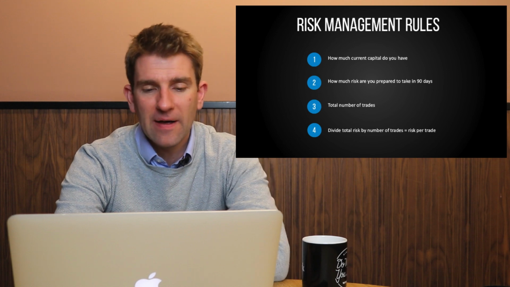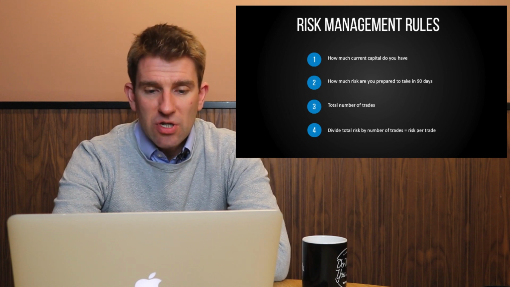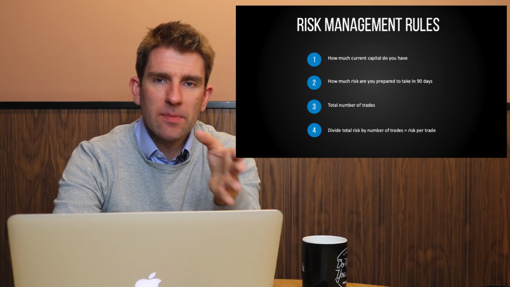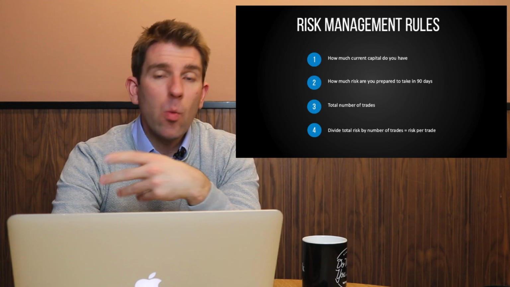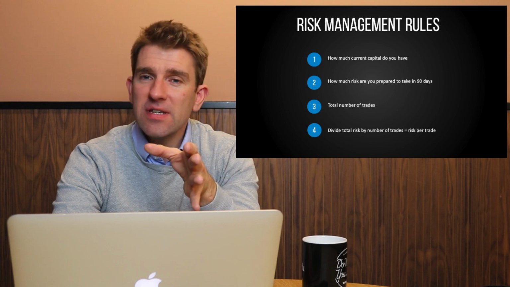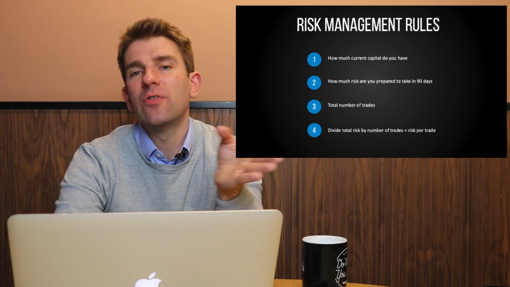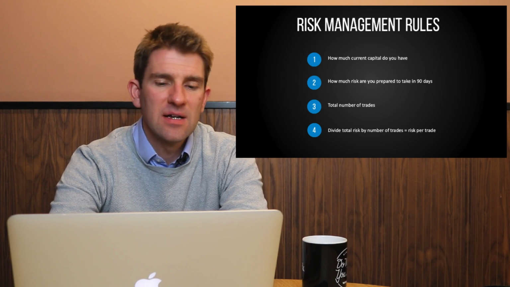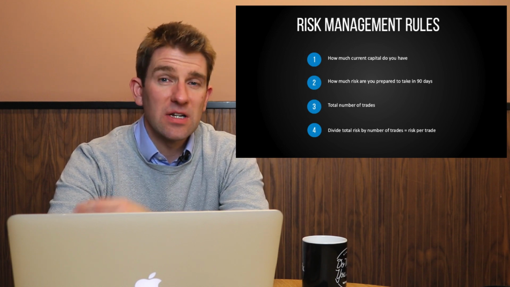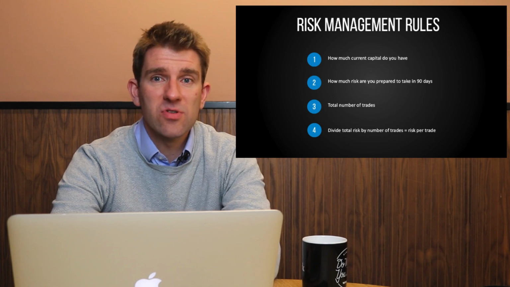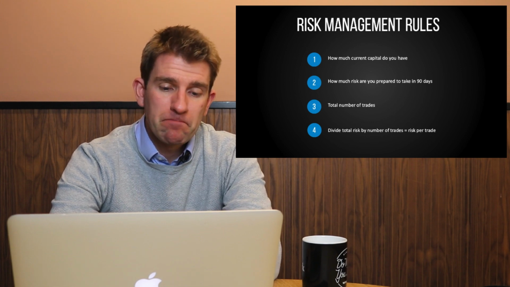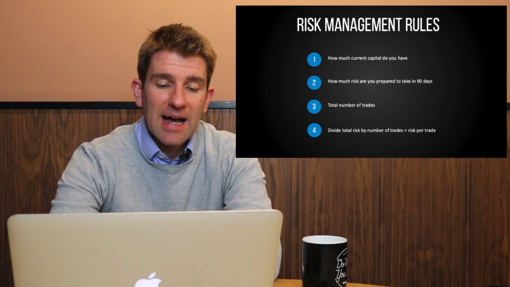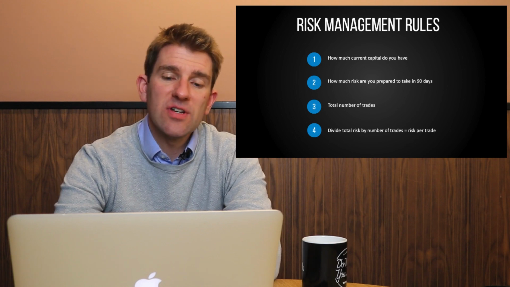So you look at how much capital you have, and then how much risk we're prepared to take in 90 days. Now, why 90 days? It could be 30, it could be 60, but 90 days is a good approximation. I can stick to this plan for 90 days. How much am I prepared to risk? We're going to look at the total number of trades we're going to make over that 90-day period, and then see how much we can risk per trade.